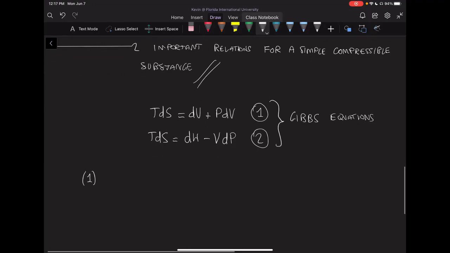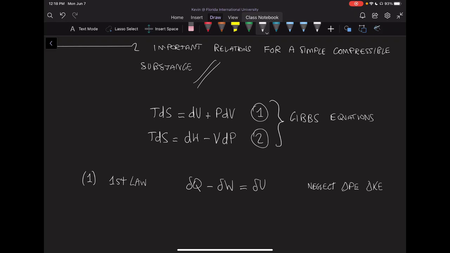The first one is actually pretty easy to derive. If we look at the first law, we know it is usually the change in Q minus the change in work is equal to the change in U. We're going to neglect delta PE and delta KE for now, just for the purposes of a problem.